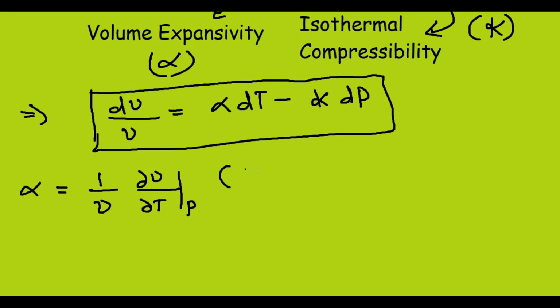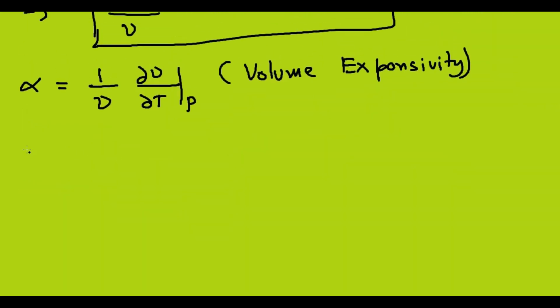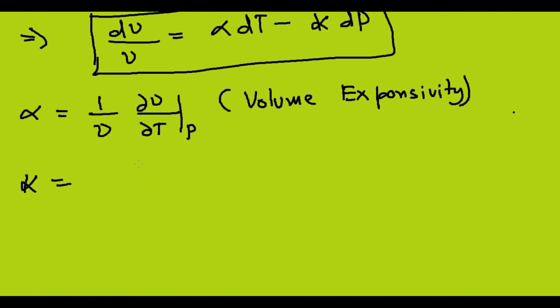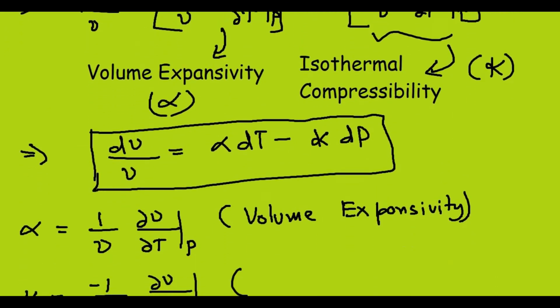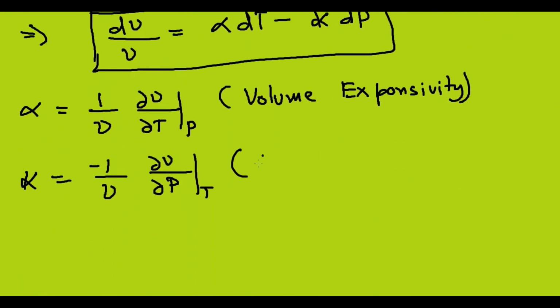It is the volume expansivity. And for kappa, it is equal to minus 1 by V del V del P at constant T, and it is known as isothermal compressibility.